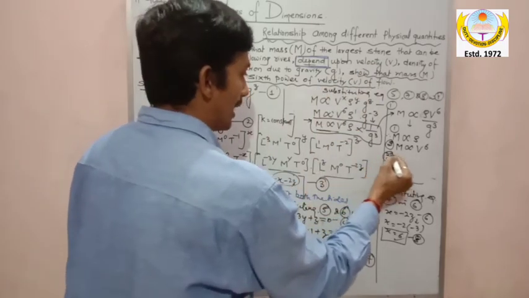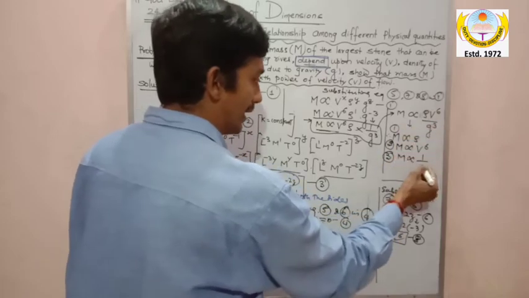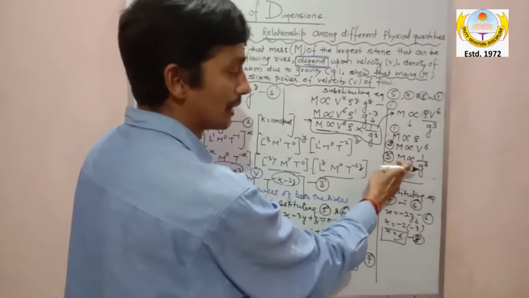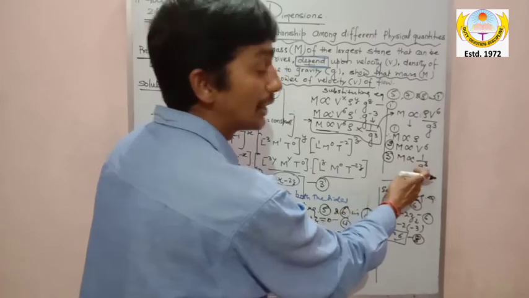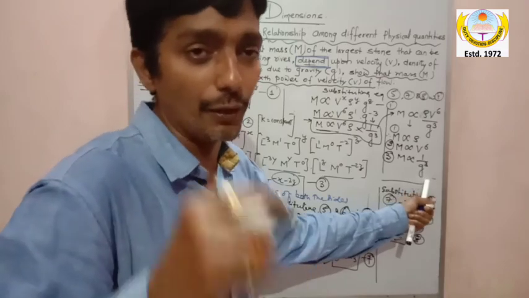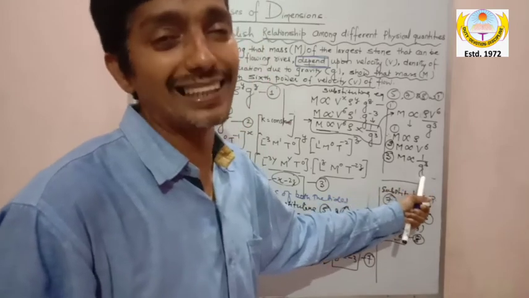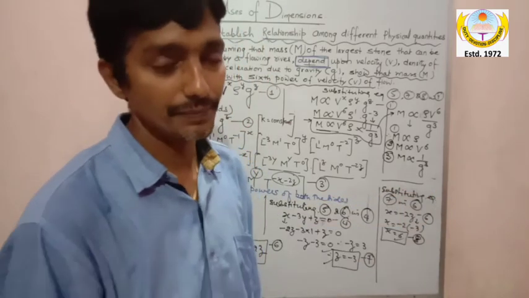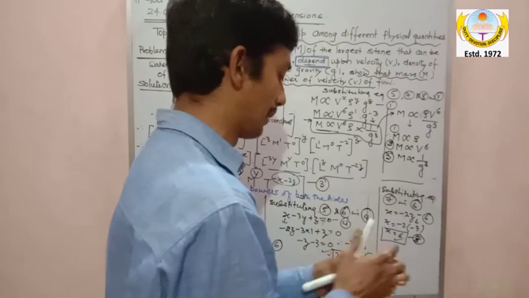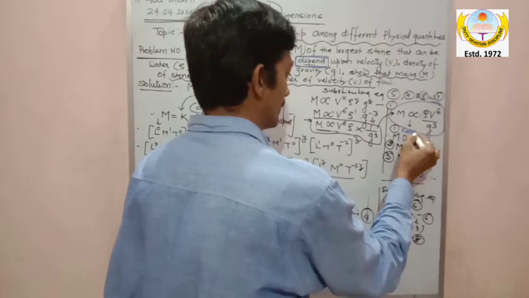And third, mass of a stone is inversely proportional to the cube of acceleration due to gravity. This is the conclusion. You can see the formula, what formula I am getting, my dear. So from the formula I got this one. This is the conclusion.